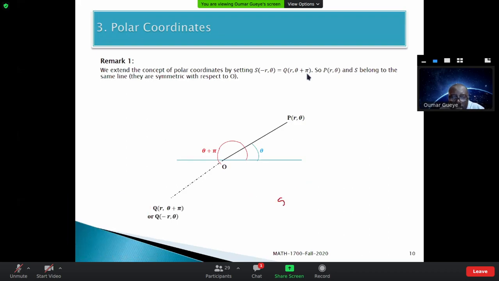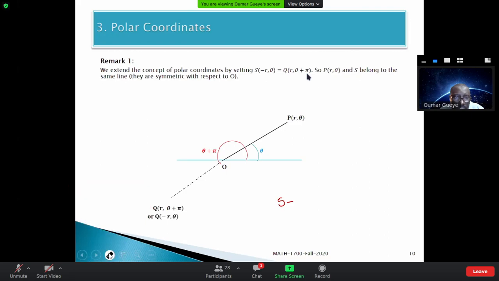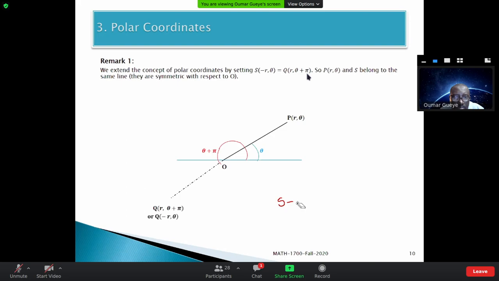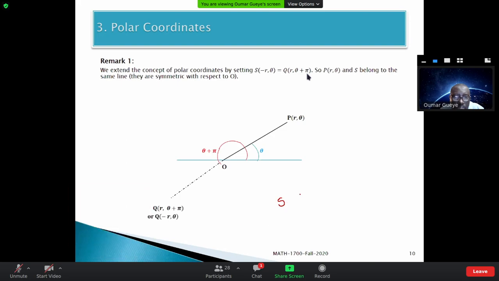I'm going to call it S, and in polar coordinates S is, for example, 3 and pi over 2.